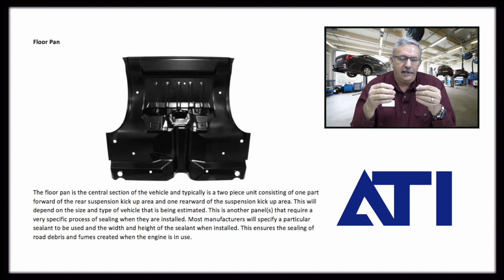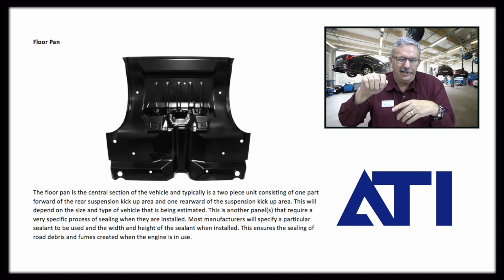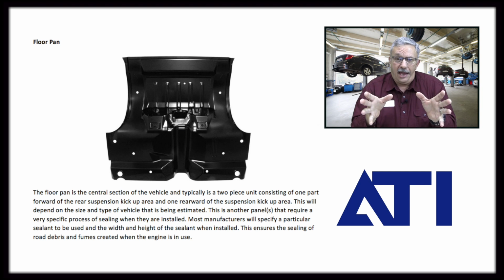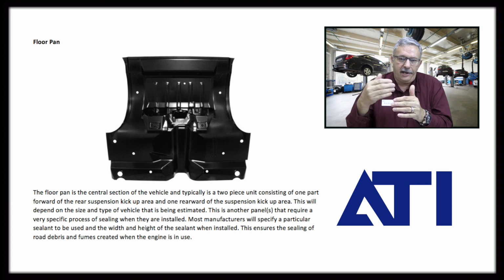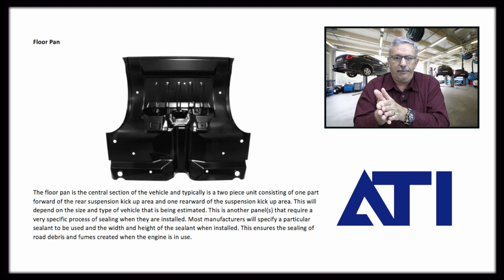So what happens is we typically see folks that'll do their pulls and they kind of just hammer it and make it look okay. No, we can't do that. We've got to make sure that it is the same dimensions that it was previously. So we've got to make sure, and this is the consideration in the repair plan, how long will it take for me to make that part look like it did previously?